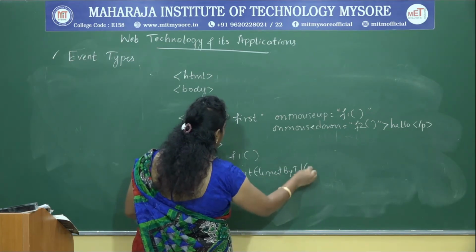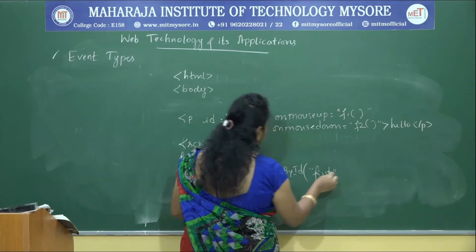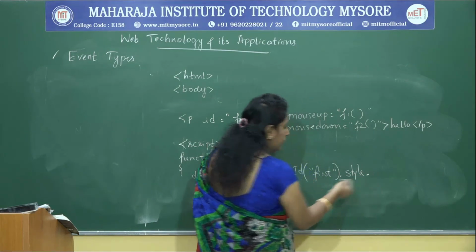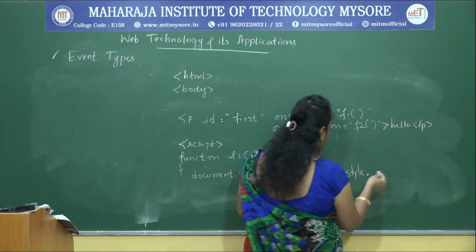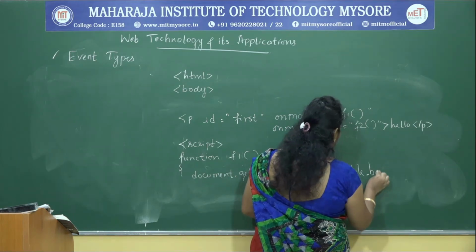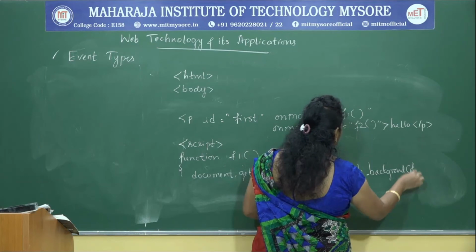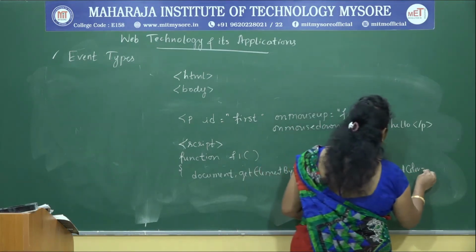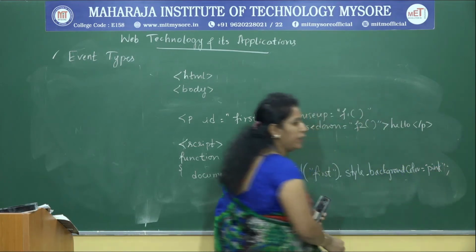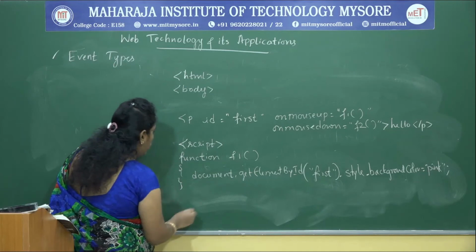Which ID? First. What should it do? It should style it, so use style. Which style do you want? You want to set the background color. So give background color equals whichever color you wish. I am giving it as pink. Okay, this is about function 1.